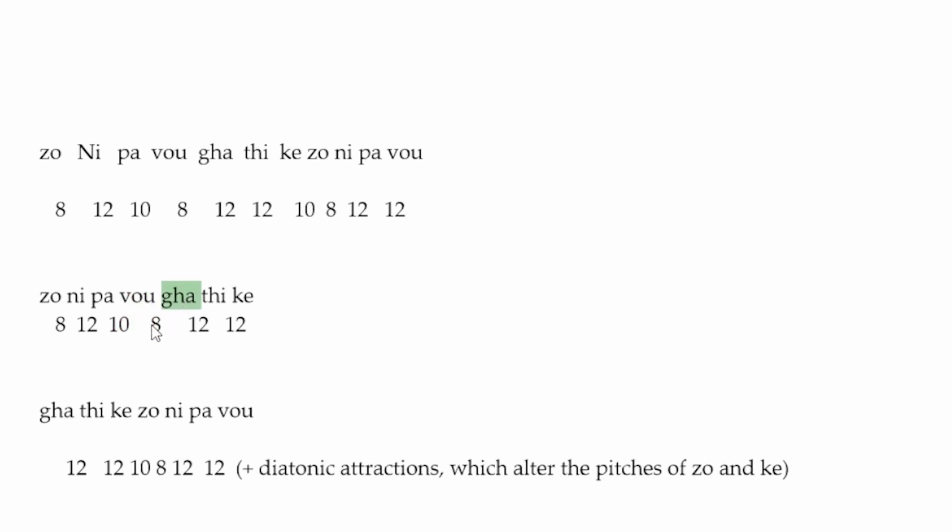The interval between vu and ra is 8 morea. The interval between ra and di, and di and ke, are both 12 morea. Now going backwards, pa and ni is 12 morea, and ni and zo is 8 morea. So it sounds like this. That's what that part of the scale sounds like.